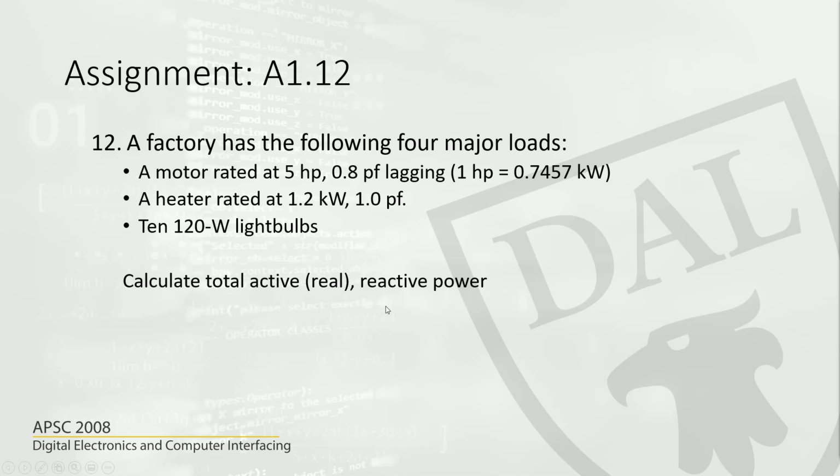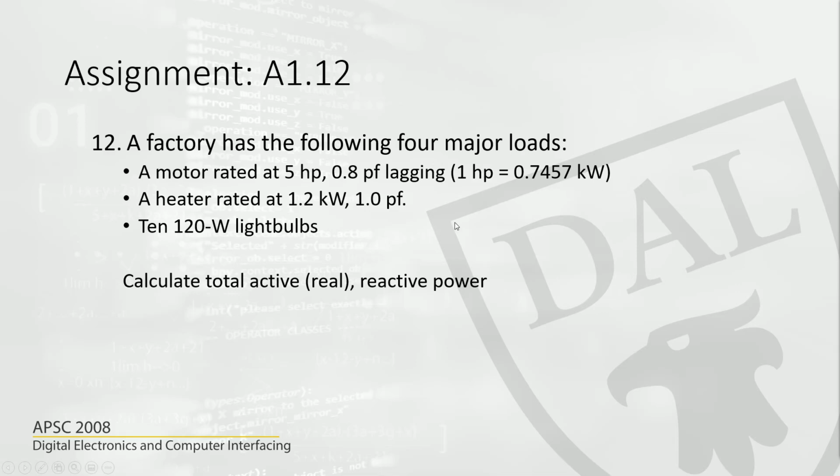And for the reactive power, the light bulb is a resistive load, so no reactive power. The heater is a resistive load, no reactive power. But the motor is not, so there is going to be some reactive power. You multiply the 5 HP converted into kilowatts by sine of cos inverse of 0.8.